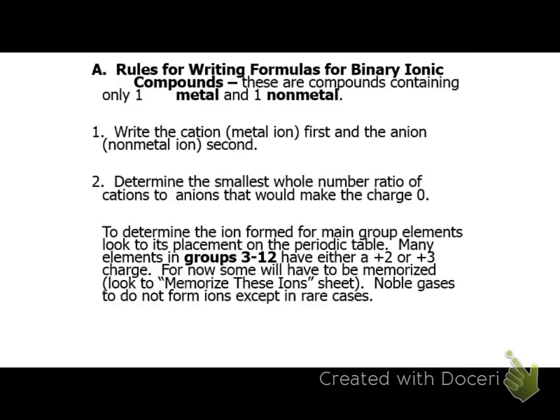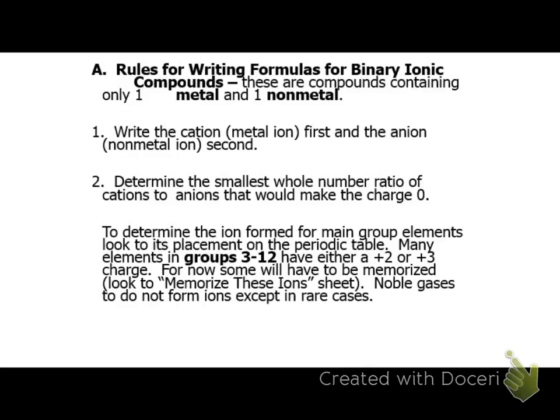So if you look at group 1, the alkali metals, they have 1 valence electron, so they will always be a +1 charge. So above group 1, write +1. So everything in group 1, from sodium, potassium, everything, all of those are always going to be a +1 no matter what. Hydrogen does not fall into that category.